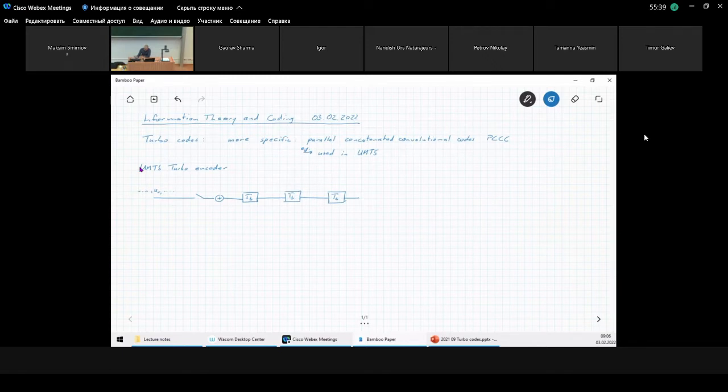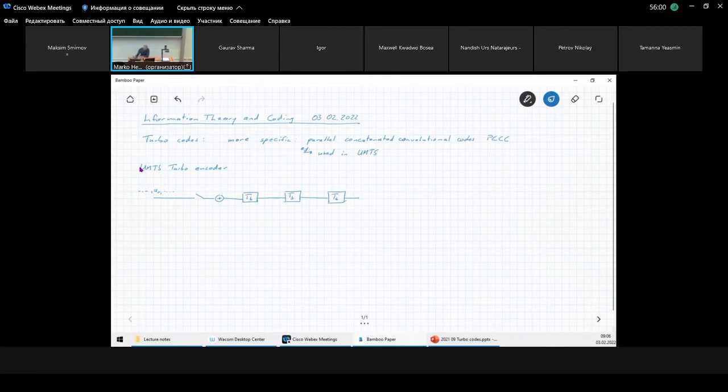Okay, and then again, the encoder is defined by generators. So we've learned we need a feed forward and a feedback generator to define which paths go back in the feedback, and which paths go forward towards the output.